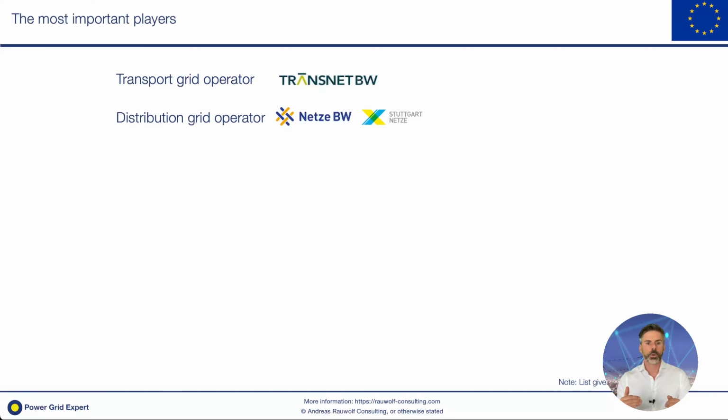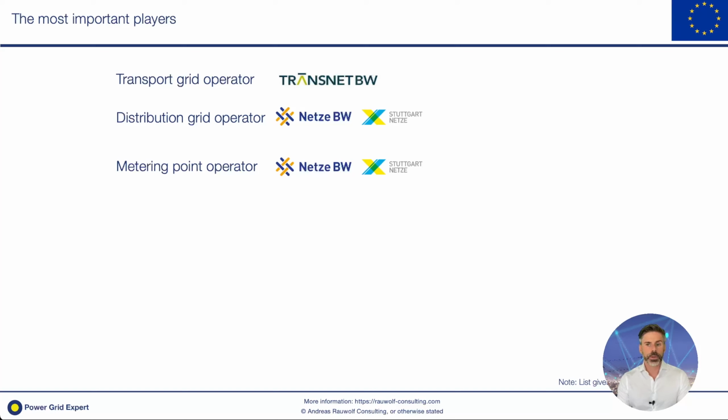Then one level down, we have the distribution grid operator, which is the company that runs and operates the grids in the medium voltage level, sometimes also in the high voltage, but the main focus is the medium voltage and the low voltage. We have the metering point operator.